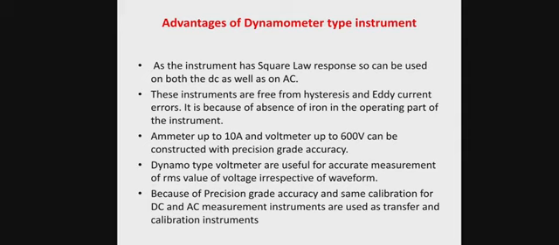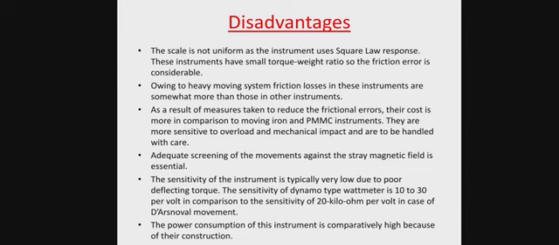Dynamometer type voltmeters are useful for accurate measurement of the RMS value of the voltage irrespective of waveform. Because of the precision grade accuracy and same calibration for DC and AC measurements, the instruments are used as transfer and calibration instruments. Then what are the disadvantages of this type of instrument?